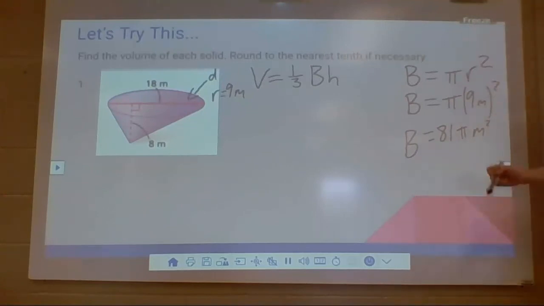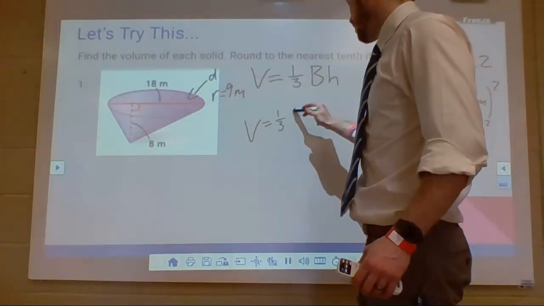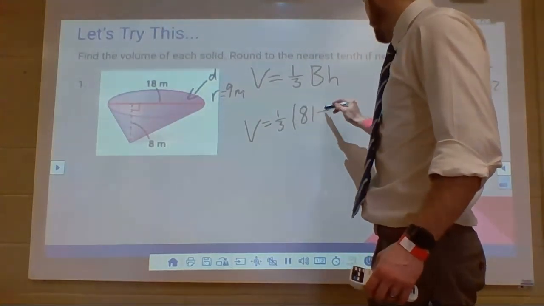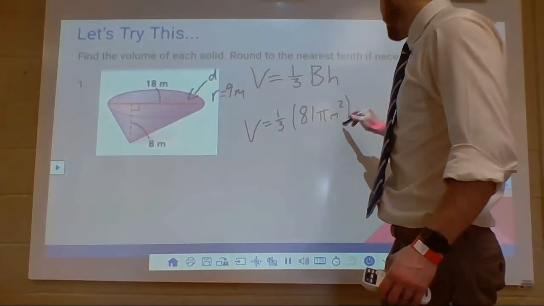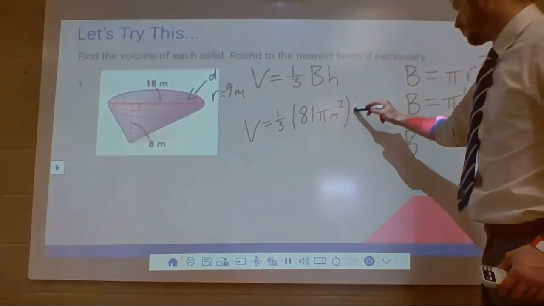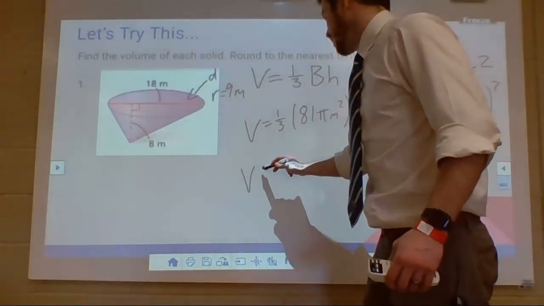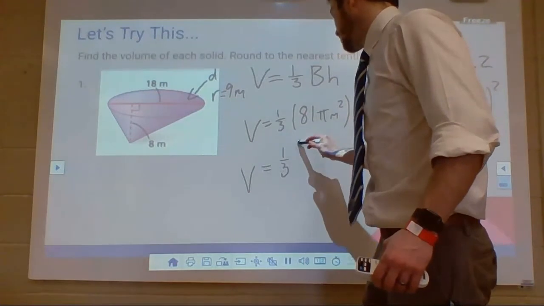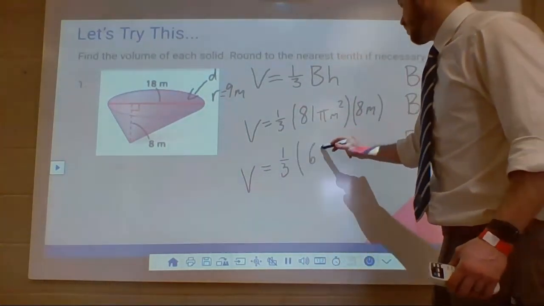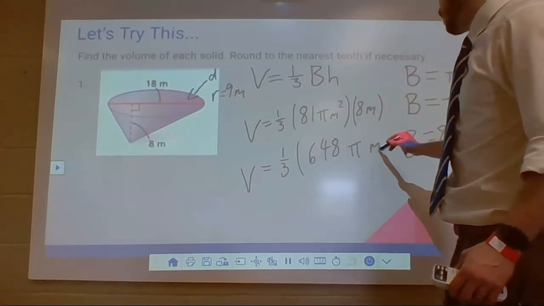Okay? So we've got volume equals 1/3 times 81 pi meters squared. And then what's the height of that cone? That's 8 meters, isn't it? So we're multiplying it times 8 meters. So we get 1/3 times 81 times 8 is 648 pi meters cubed.